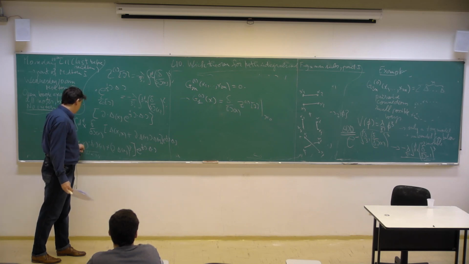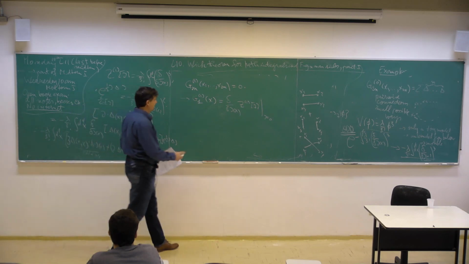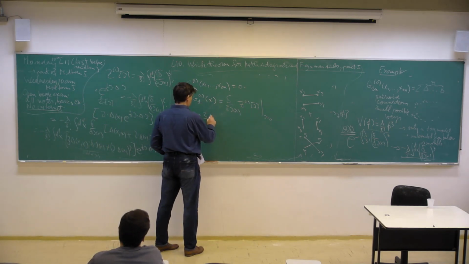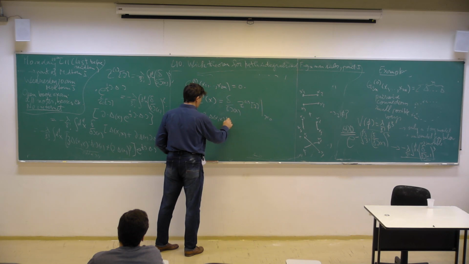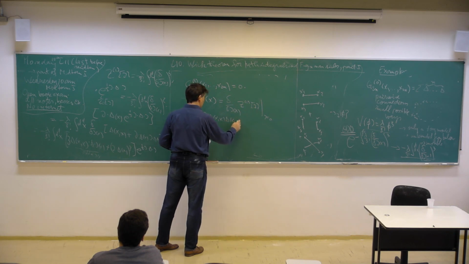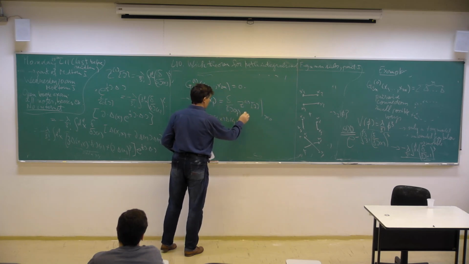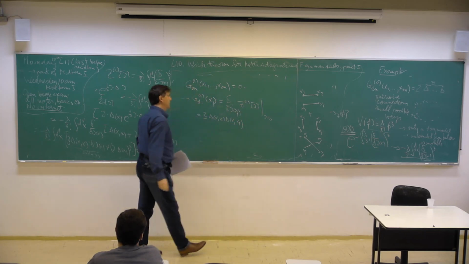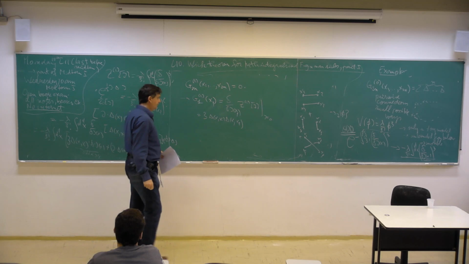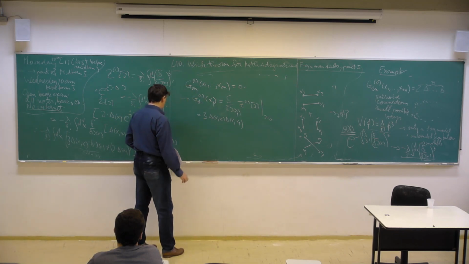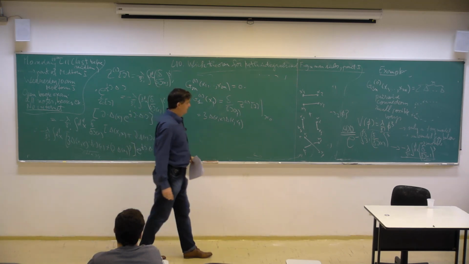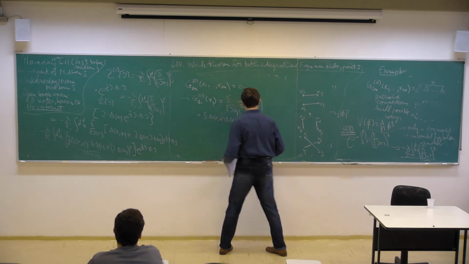I get 3 delta x x1 times delta x x. X1, sorry, I should have called this x1. So now, in terms of Feynman diagrams, this would be what?